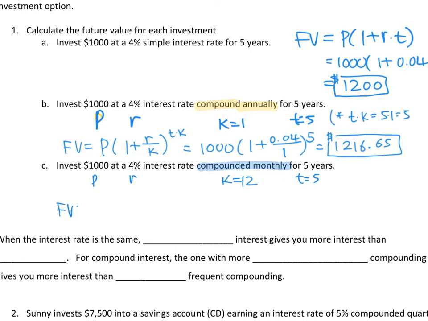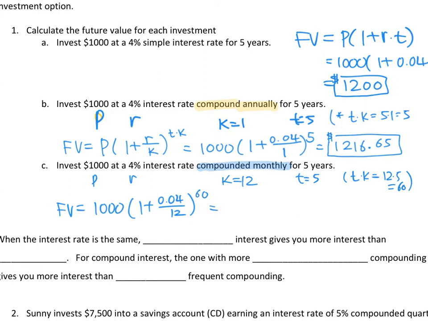So future value is 1,000, that's P, times (1 plus 0.04 over 12), because we're dividing by K, which is 12 in this case. And then again, we should calculate T times K first, which is 12 times 5, which is 60. So I'll just plug in 60 here.